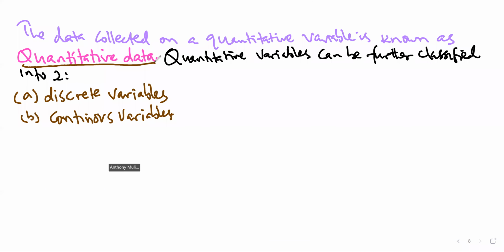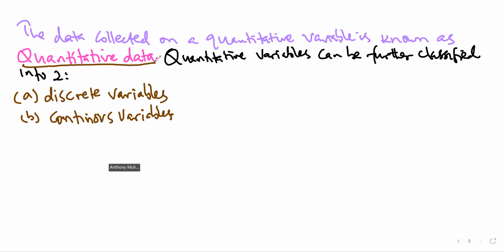Then we're also mentioning that quantitative variables can be further classified into two. That is, discrete variables and continuous variables. When you talk about discrete variables, we refer to quantitative variables whose data takes some specific numeric values.